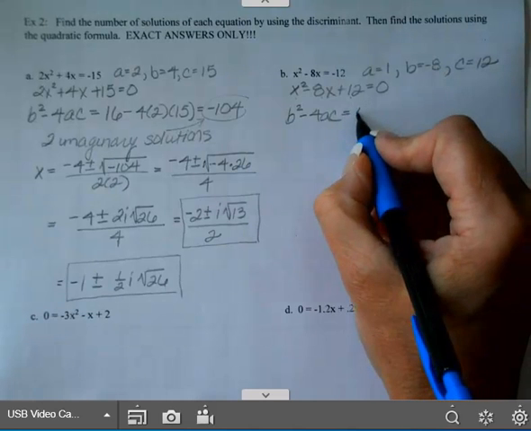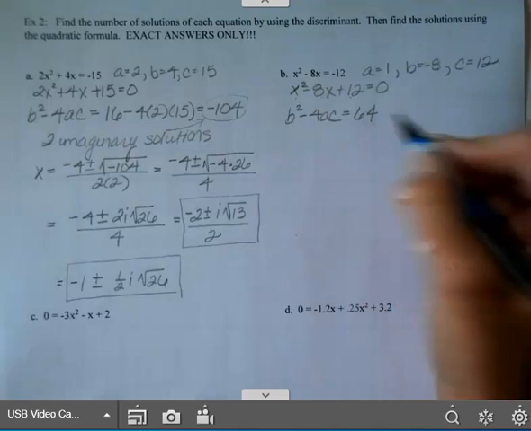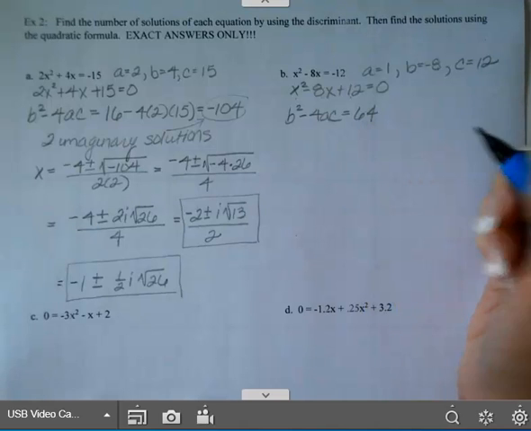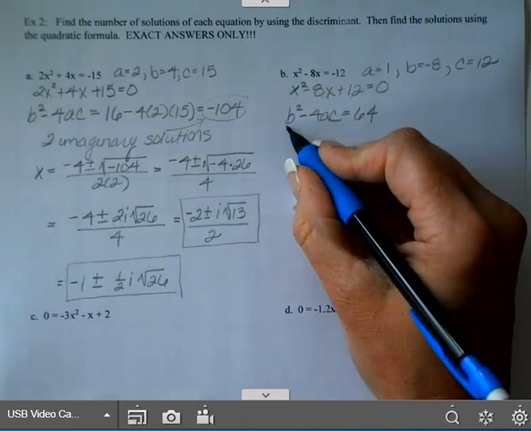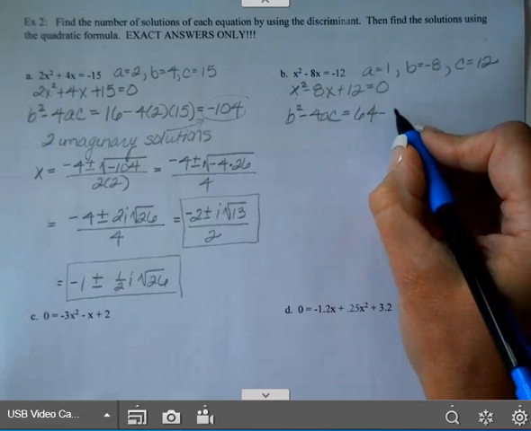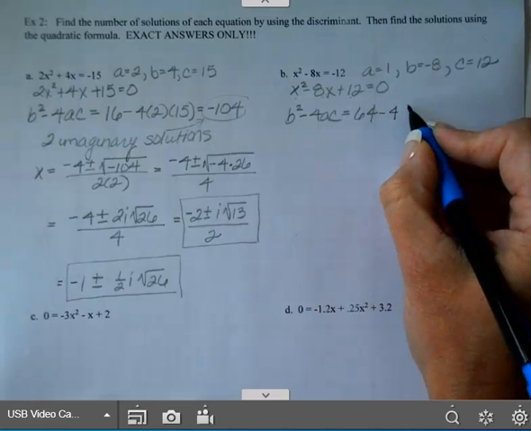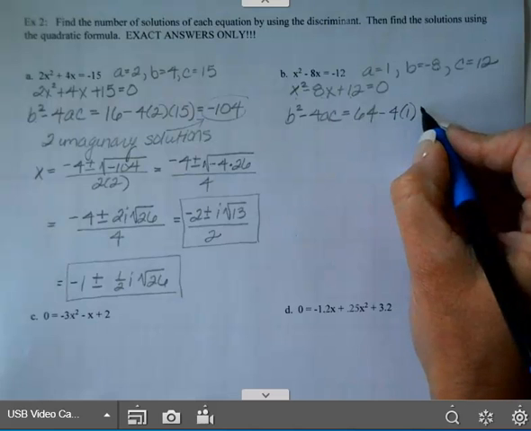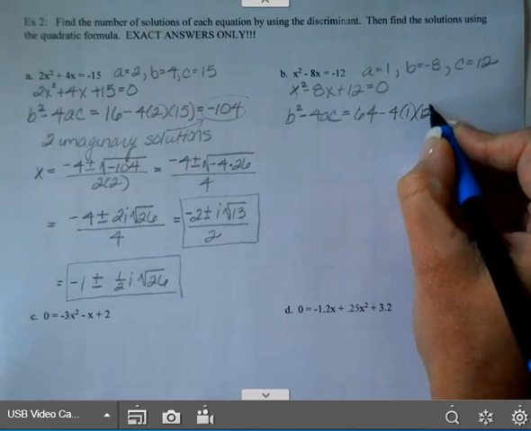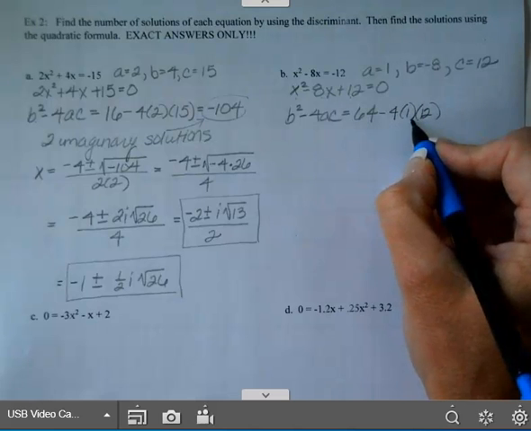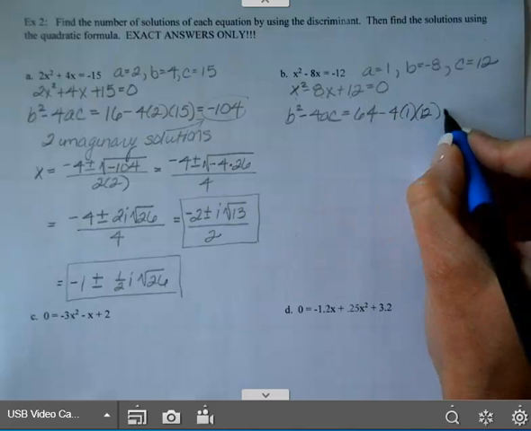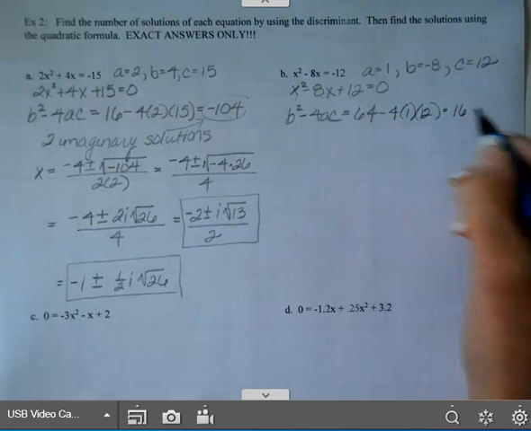So I'd like you to get in the habit of just squaring that, making sure that value here, b squared, is positive. Minus 4 times a, which is 1, times c, which is 12. So that's going to be 64 minus 48, which is going to give you 16.